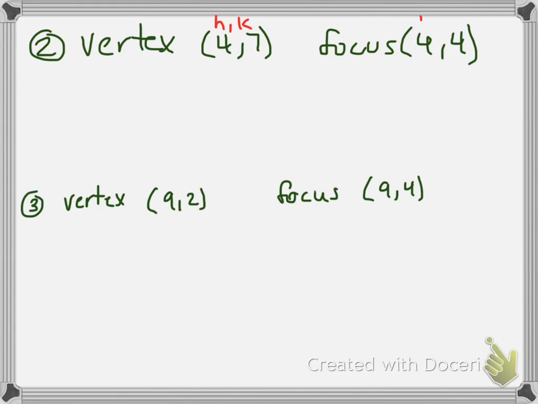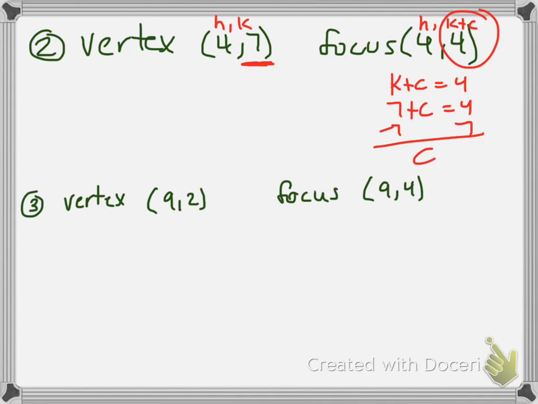Your focus is H, and this is K plus C. Now remember, anything that deals with the focus, the first thing you need to figure out is the value of C. So the only C that's happening is right there, so I have to set up K plus C is equal to 4. But do I know who my K is? Yes. K is 7, so 7 plus C is equal to 4. Subtract 7, C is negative 3.